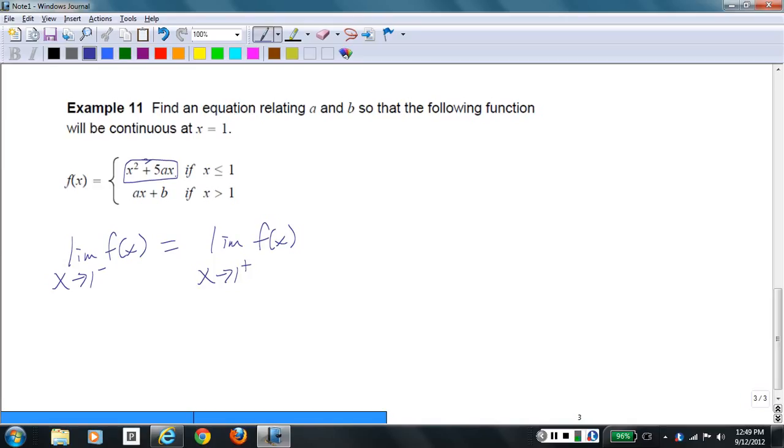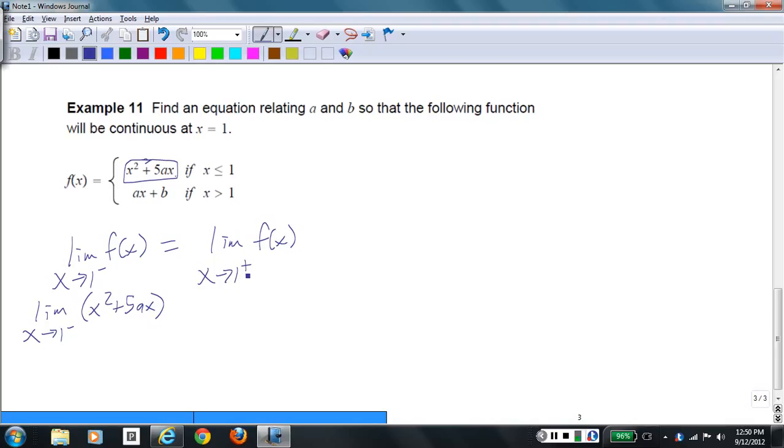So to evaluate the limit as x approaches 1 from the left, this is the limit as x approaches 1 from the left of the expression x squared plus 5ax. Now, if we didn't specify that x approaches 1 from the left, I wouldn't be able to indicate it's that quadratic expression. I just wouldn't know.